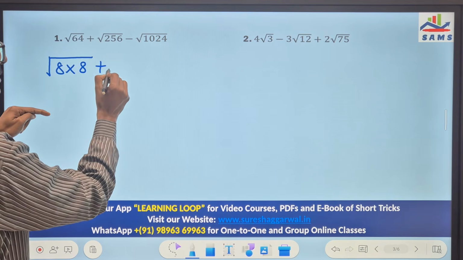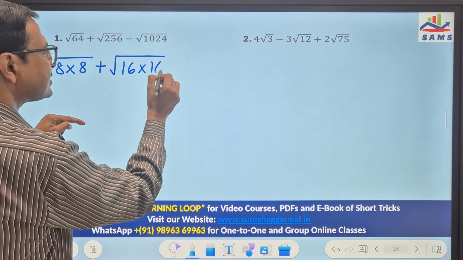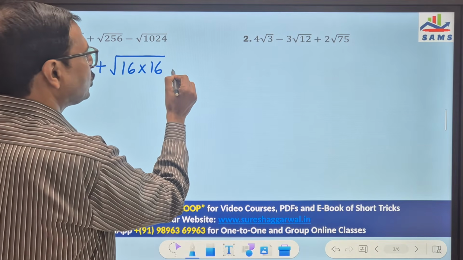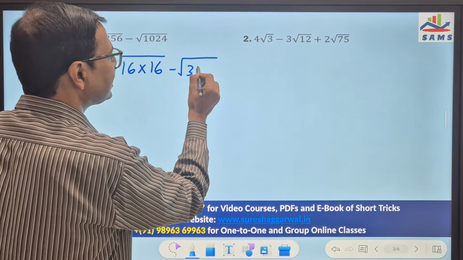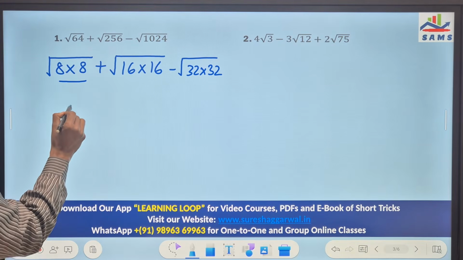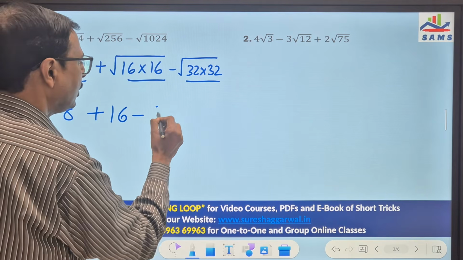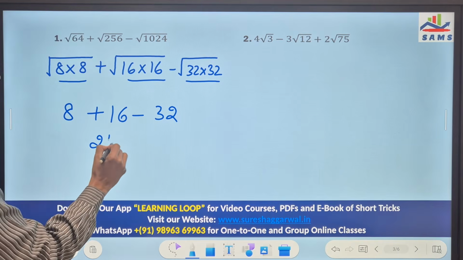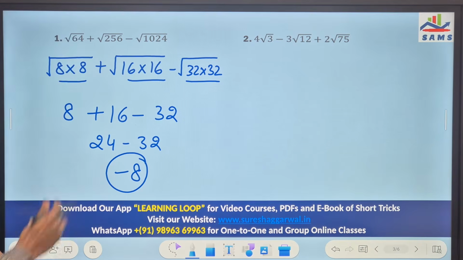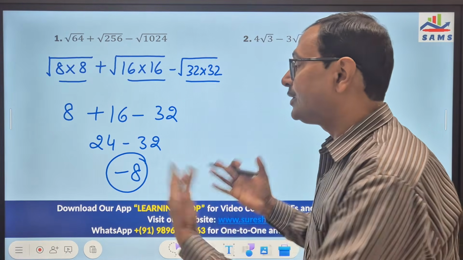Similarly here, if I know 256 is 16 into 16, it works because 16 will form a pair and come out. Likewise, 1024, if you know that this is 32 into 32. Now, this works because this is 8, this is 16, and this is 32, and I'll have my final answer 24 minus 32, which is negative 8. All these numbers were perfect squares, and that is why I could do it so easily.